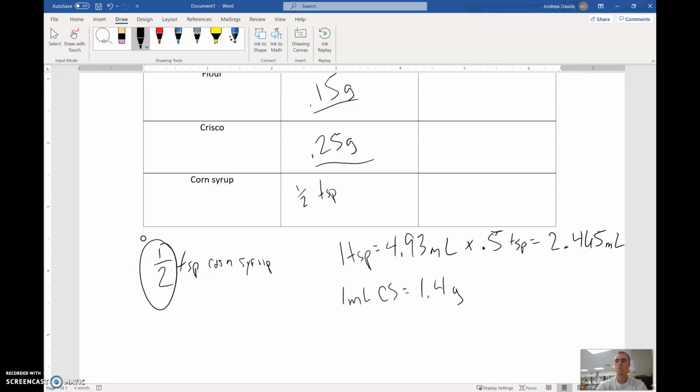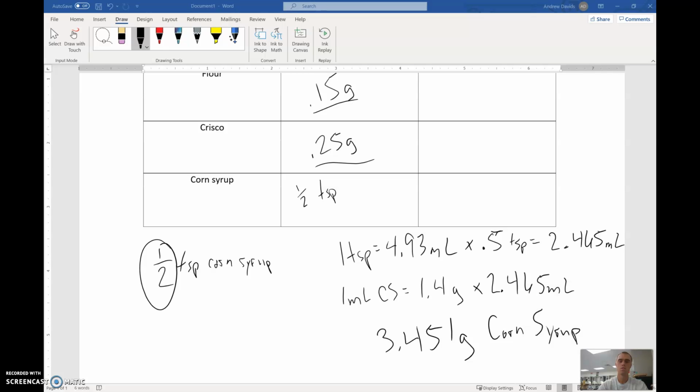Now I'm going to take 2.465 milliliters and multiply by 1.4, because I know that 1 milliliter has that mass. Multiplying these two numbers together gives me 3.451 grams of corn syrup.